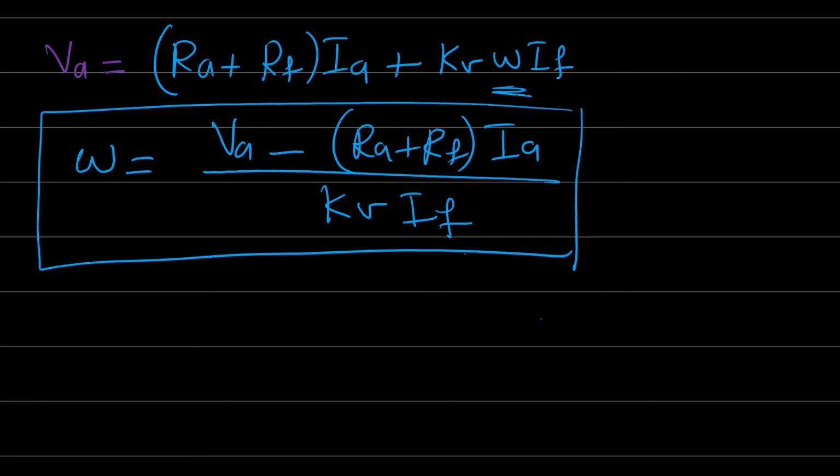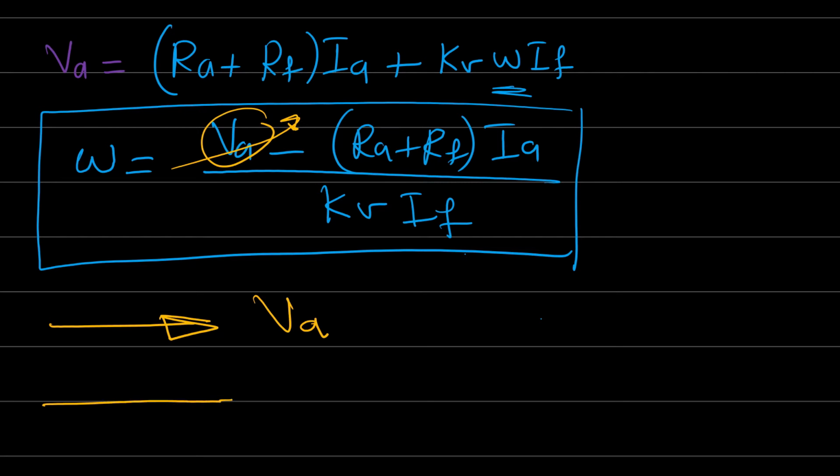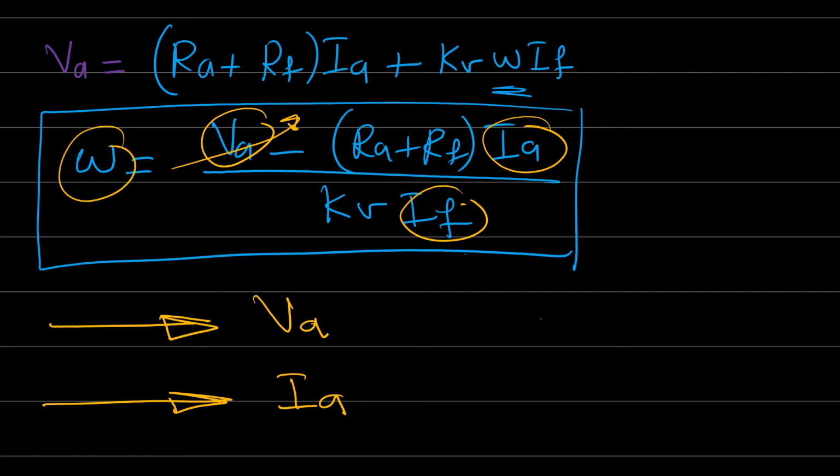Now, since we have the same current in the field and armature, how can we control the speed? By either changing the armature voltage, VA, right? Change this, then you will be able to change the speed. Or if you change the armature current, IA, which is again the field current, then you will be able to change the speed, right?